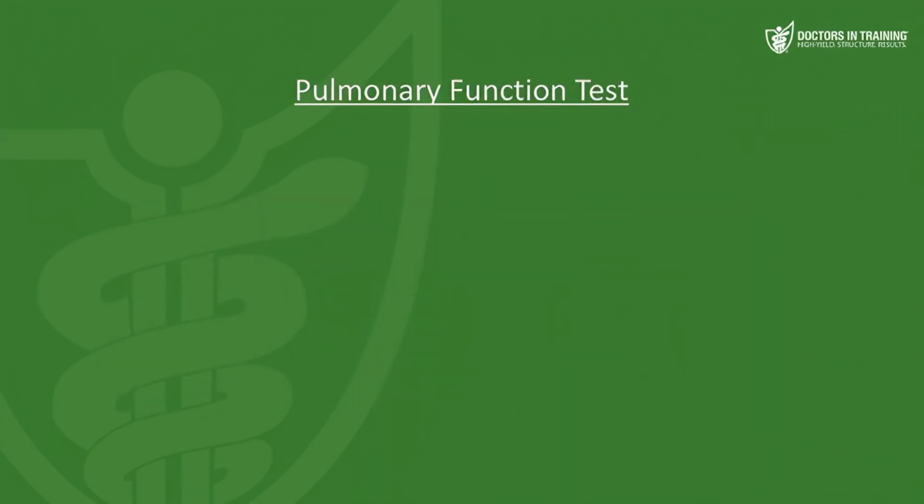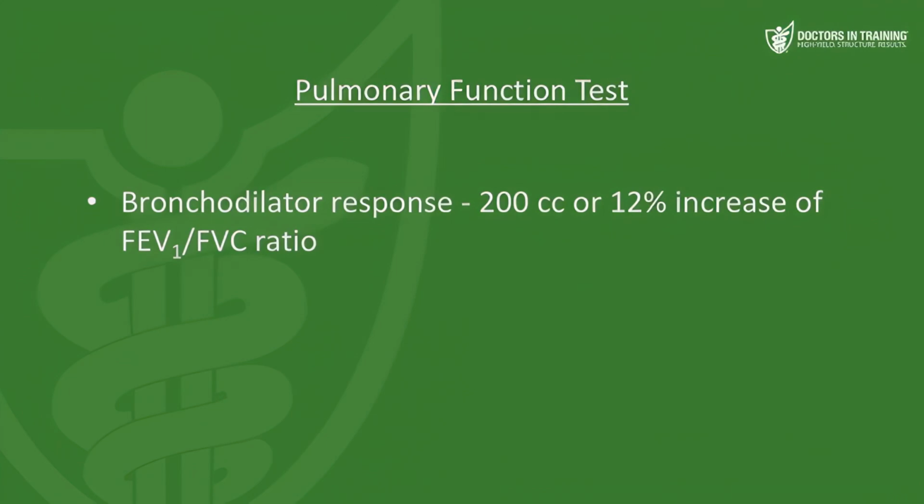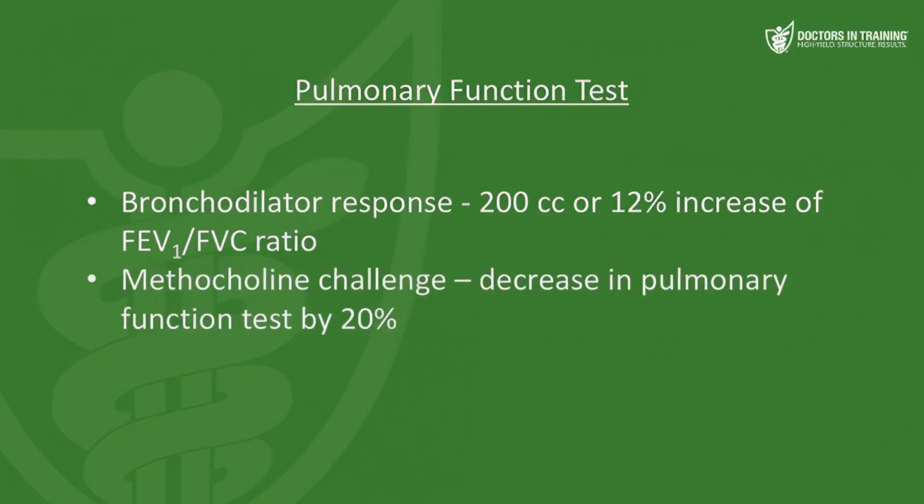Diagnosis for asthma by pulmonary function test is they have a bronchodilator response of a 200 cc increase or 12% increase in the FEV1 or FVC when they're given a bronchodilator. You can also use a methacholine challenge to see if they have a decrease in the FEV1 of 20%.